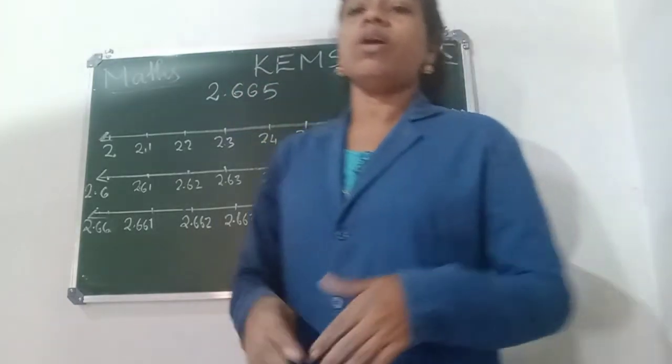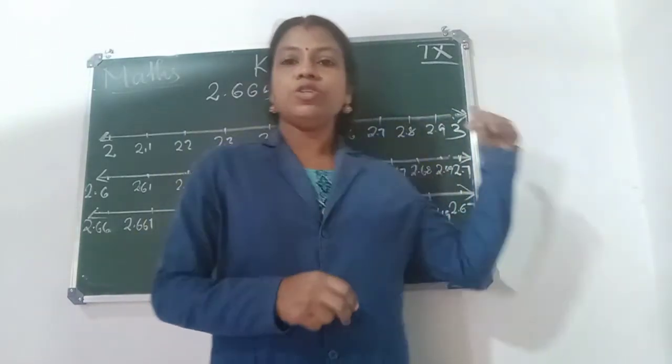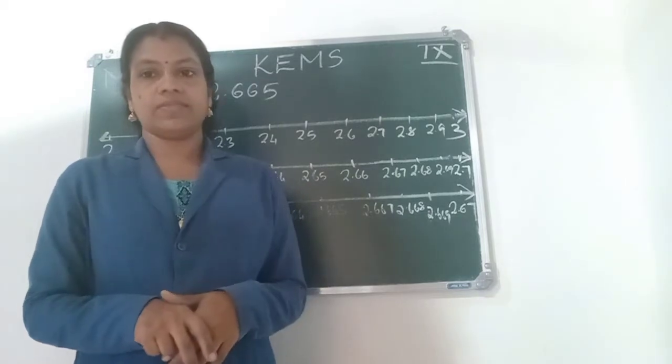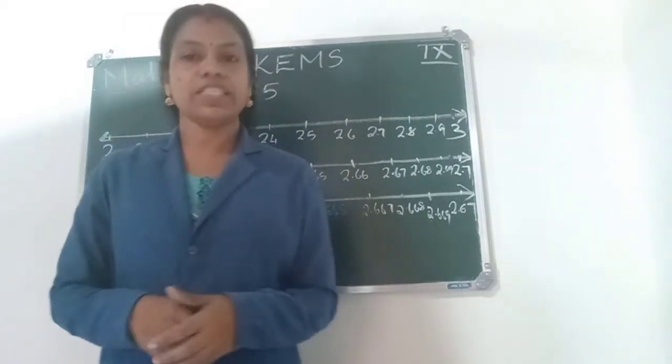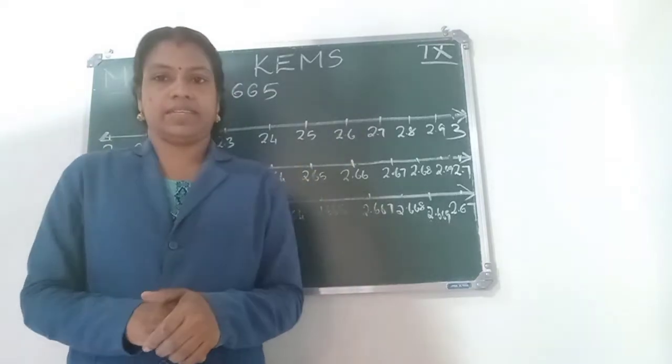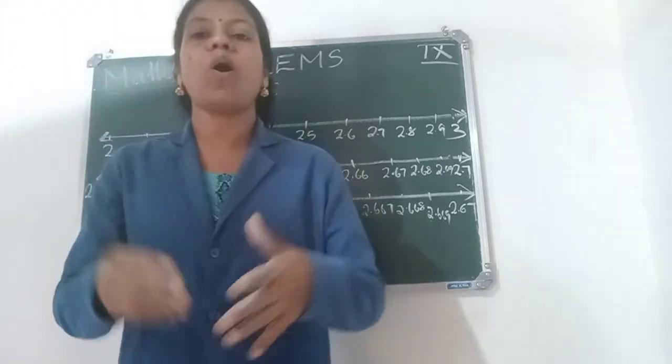We know that this decimal number, this real number 2.665, lies between 2 and 3. We want to locate 2.665 on the number line.